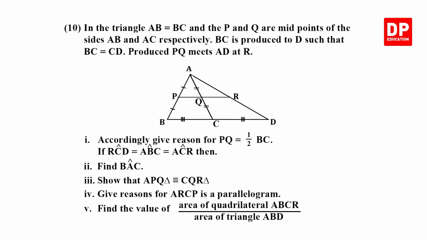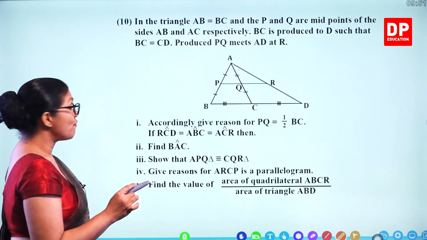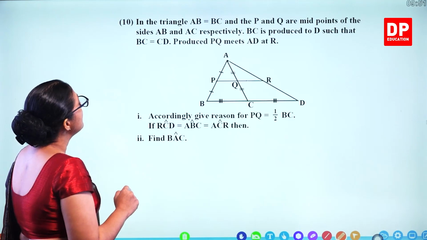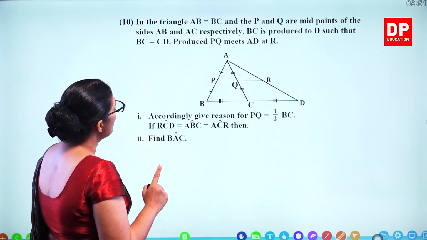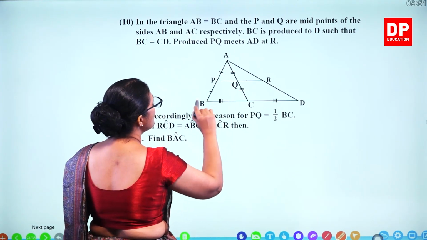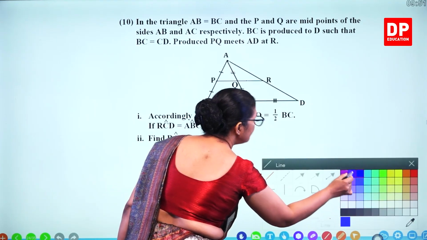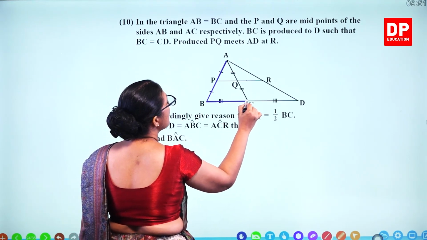Question number 10 is also proofs of triangles. So there are 5 parts, so we'll have to do them separately. In the triangle ABC, AB equals BC. AB is equal to BC. So we can mark it with a color. This length and this length both are equal.